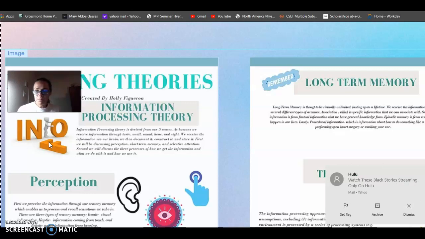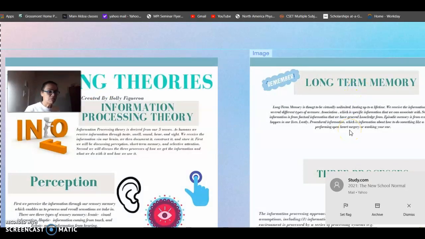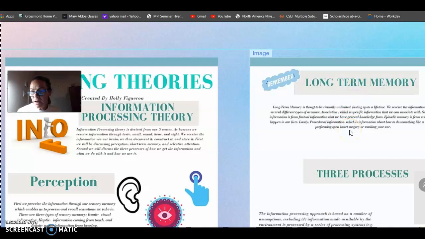We can get it from general knowledge, and from episodic memory, which is from events that happen in our lifetime. And we can also get it from procedural knowledge, which is how we do something. Okay, I'll give you an example.